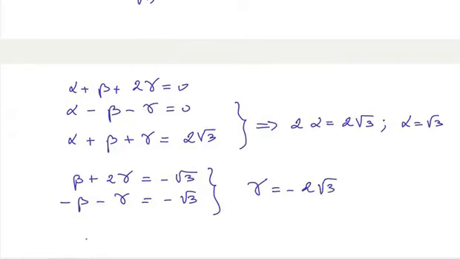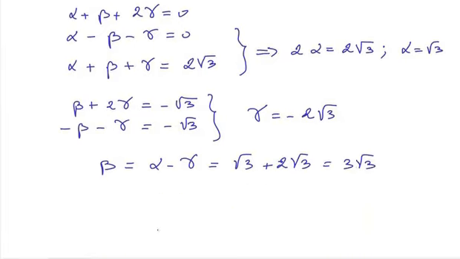By substituting, for example, in the second one, we have beta is equal to alpha minus gamma, which gives us beta equal to square root of 3 plus 2 square root of 3, equals 3 square root of 3.